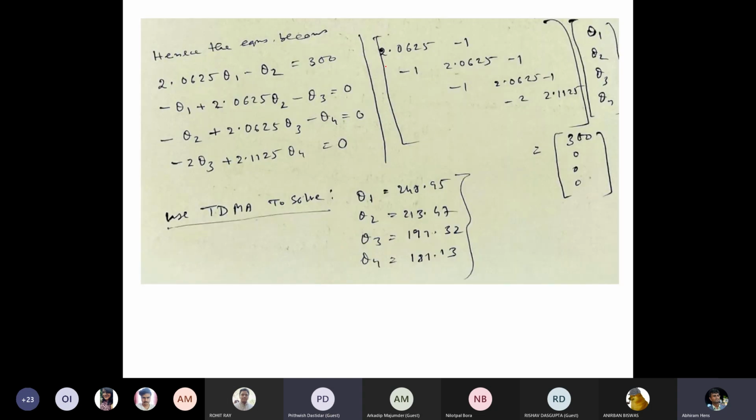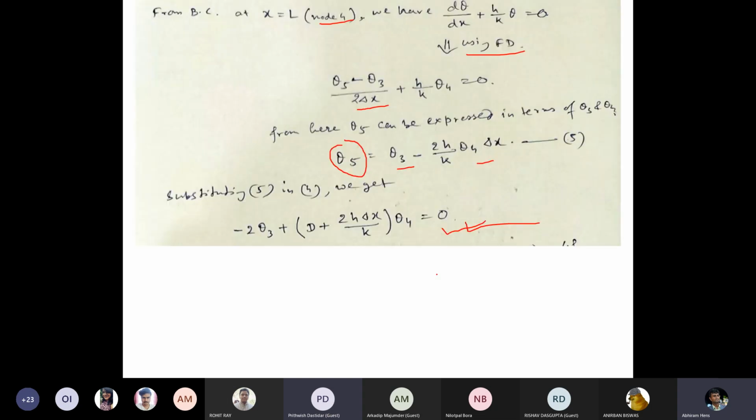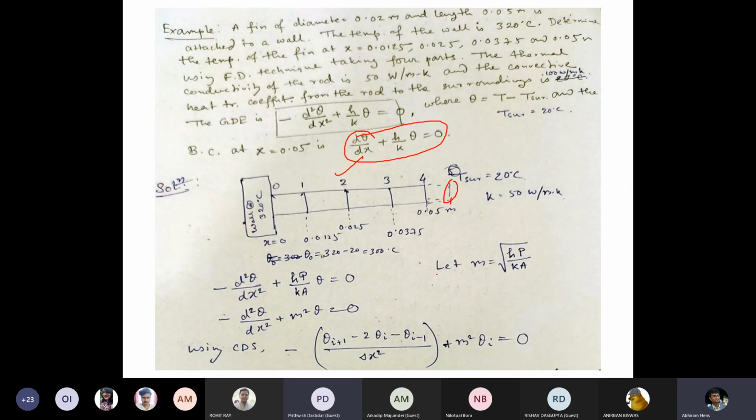This is of the Ax equal to B form, and A is a tridiagonal matrix, so it is better to use a Thomas algorithm code to get the values. So you will get theta 1 is 248, theta 2 213, theta 3 191, theta 4 181. That was our objective in the problem, that in this field I needed to know the temperature distribution.